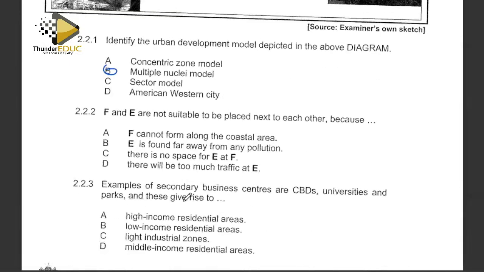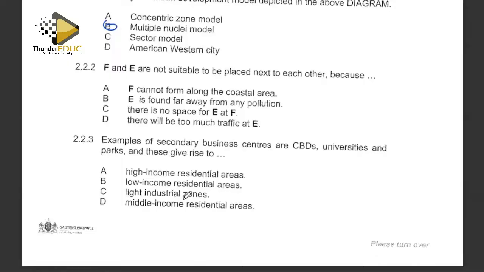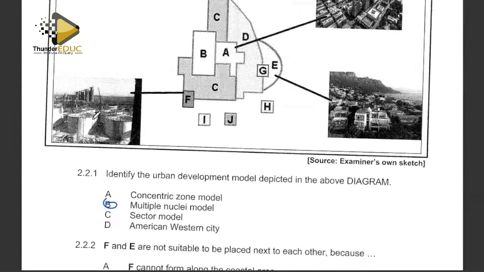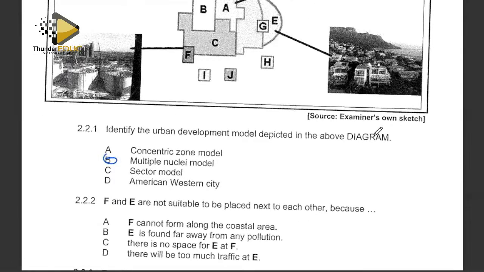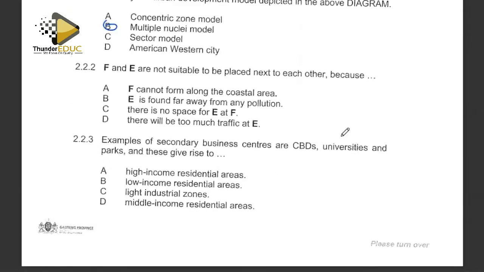Then F and E are not suitable to be placed next to each other. F, you see it's some sort of a heavy industry. E is predominantly a high income residential area. They're not compatible to be close to each other. Why?